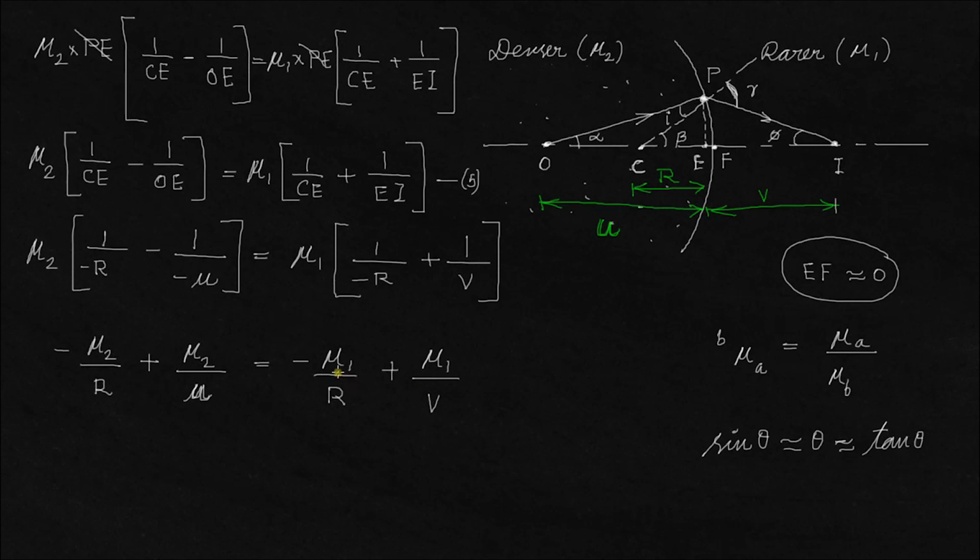Now take this term to the left and this one to the right. I'll get mu1 by R minus mu2 divided by R is equal to mu1 by V minus mu2 divided by U. So the final expression is like this.